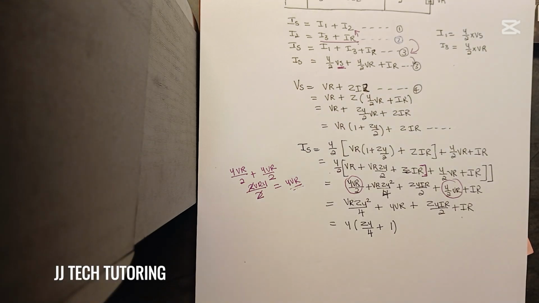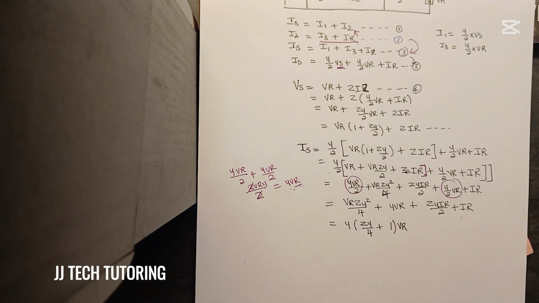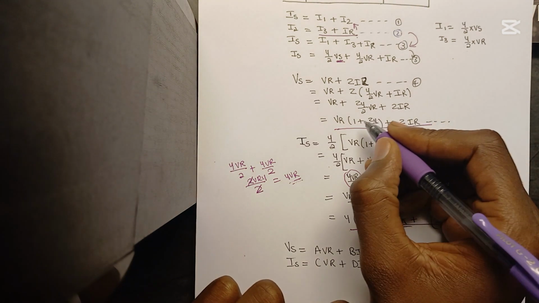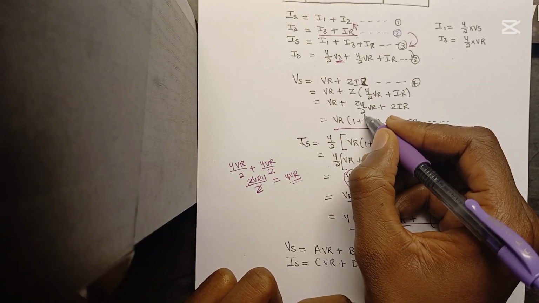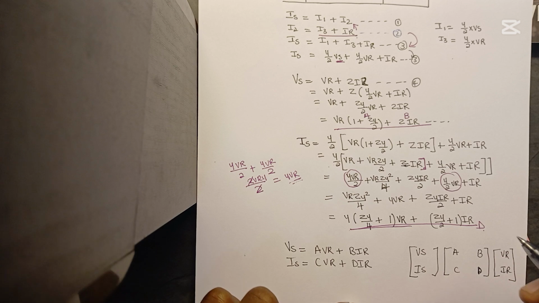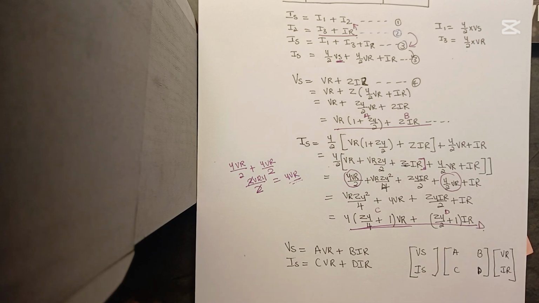Now a smart girl or boy should say, where is VR now? Because you only factored out Y. Now let me put VR back. So are you happy now? Now what is your A? Your A is equal to this, this is your B, and this is your C, and this is your D.